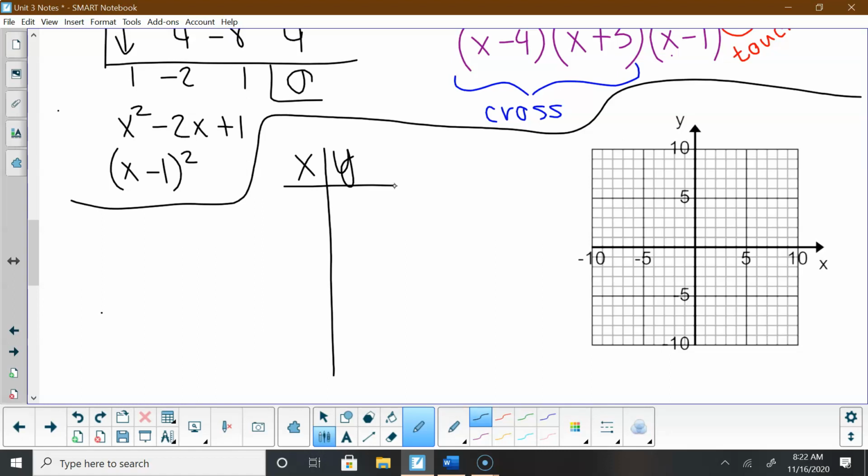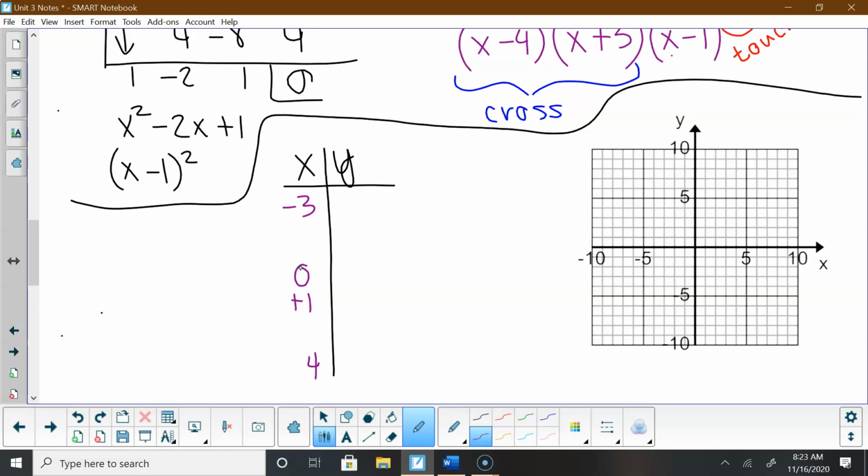So remember, I've got zeros at positive 4, negative 3, and then I've got positive 1 somewhere in this mix. Yes? Now I also know 0, which is my y-intercept.